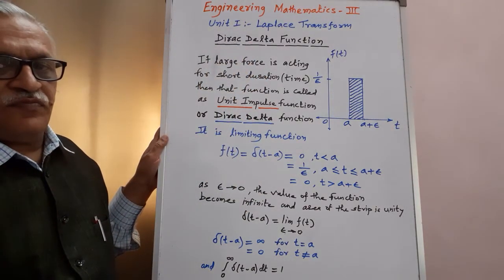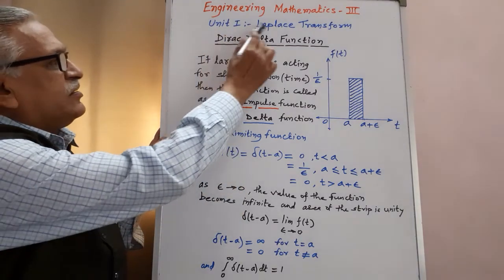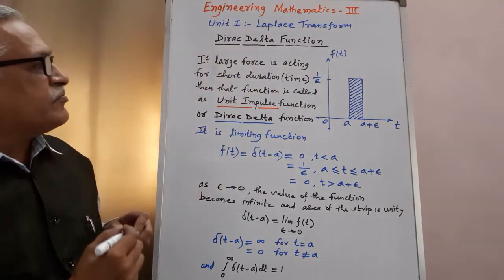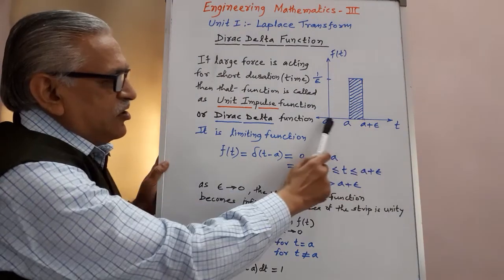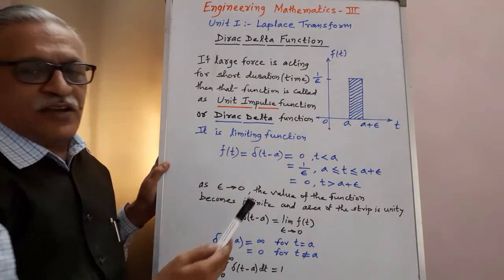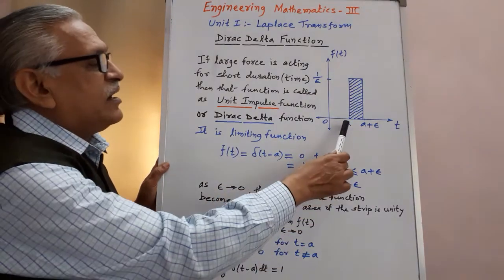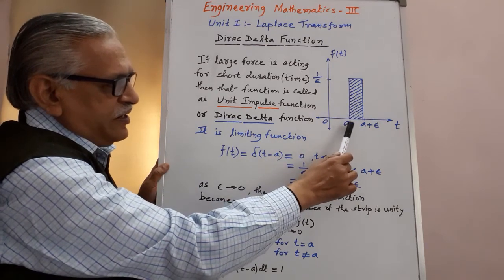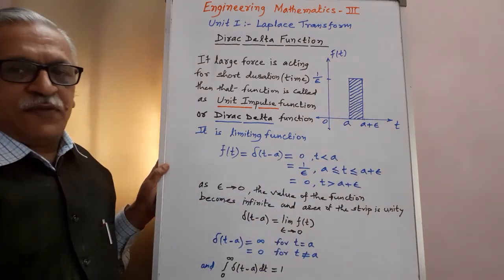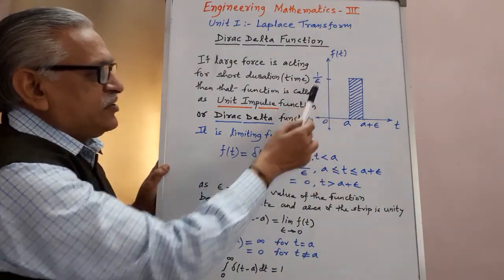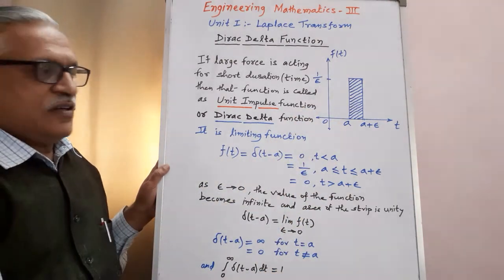Laplace Transform. Unit 1 Laplace Transform of Engineering Mathematics 3. Figure, on x-axis we are taking the values of t, on y-axis we are taking the values of f of t. This strip is in between a to a plus epsilon. Epsilon is a very small quantity and the value of that function is 1 by epsilon.